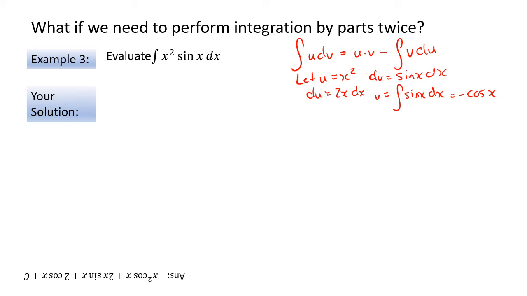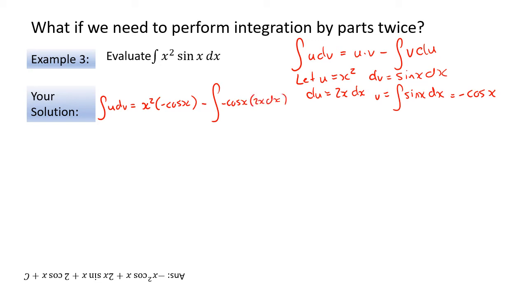So if I substitute those in, I get the integral of u times dv is equal to u, which is x squared, times v, negative cosine of x, minus the integral of v, which is negative cosine of x, and du, which is 2x dx.